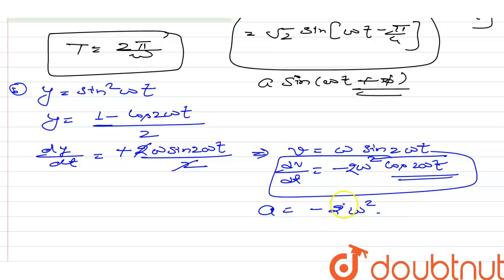So what about cos 2 omega t? Using the earlier equation, 2y is equal to 1 minus cos 2 omega t. So cos 2 omega t is written as 1 minus 2y.